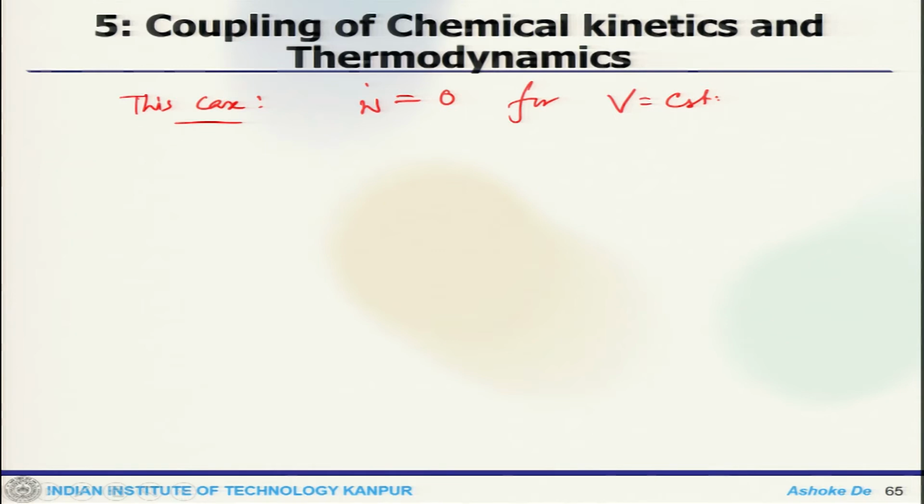Previously, since V was changing, there was work done due to PdV work. So, my energy equation gives dU by dt equals q dot by m. Now, U here plays the same role as H in our analysis for P constant.